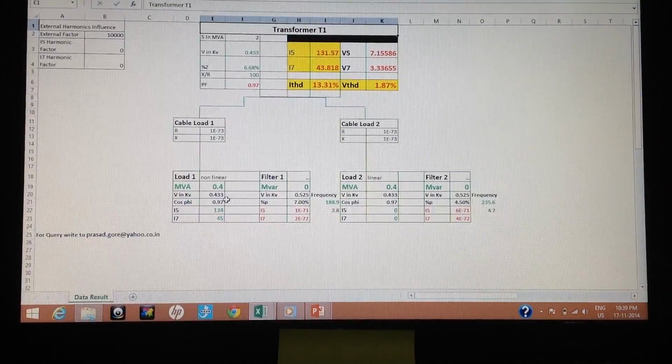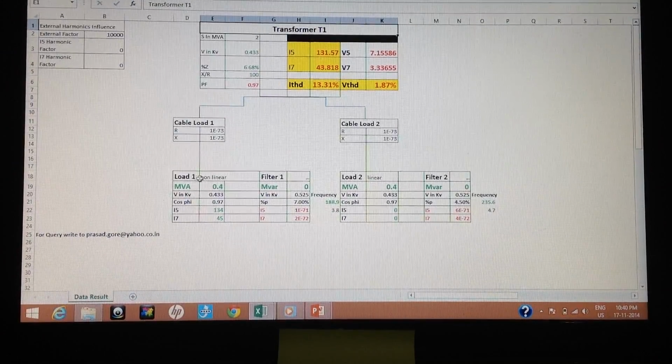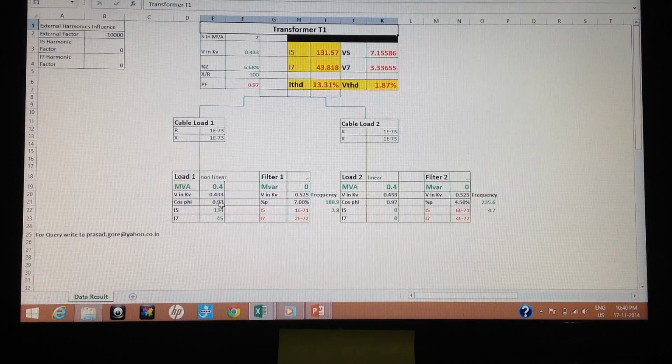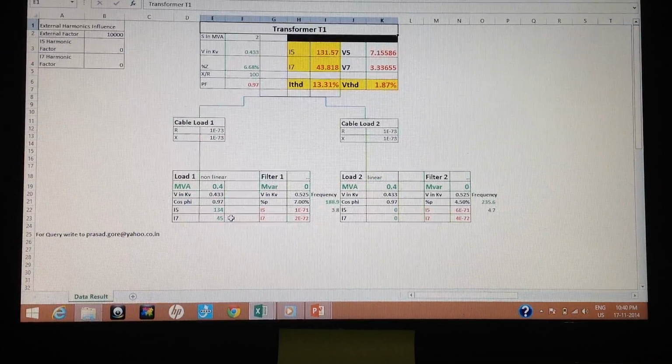As I explained, there are two load centers, load center 1 and load center 2. Load center 1 has a 0.4 MVA load at a power factor of 0.97, and this is a non-linear load. It is injecting 134 ampere of fifth harmonics and 45 ampere of seventh harmonics.